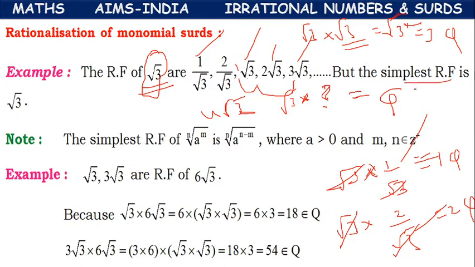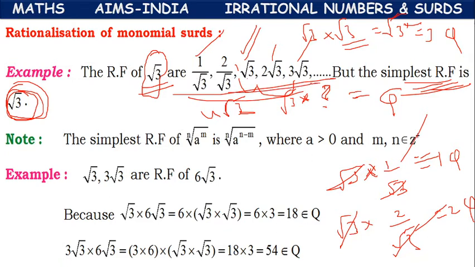But the simplest rationalizing factor is root 3, because while taking the simplest rationalizing factor, we won't consider those in the form of fractions. That's why root 3 is the simplest rationalizing factor.